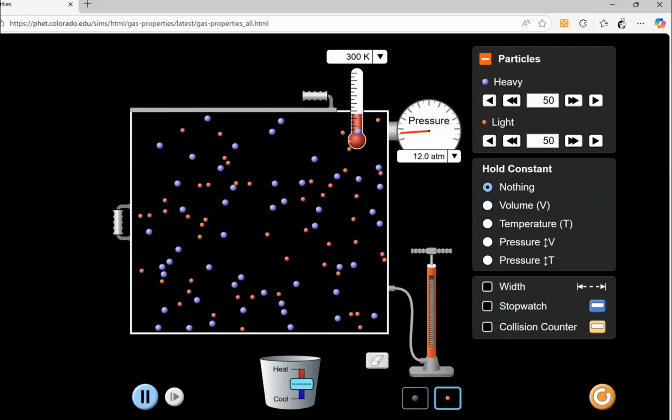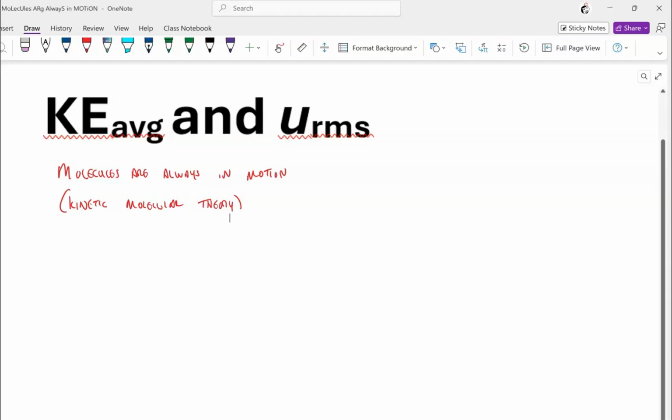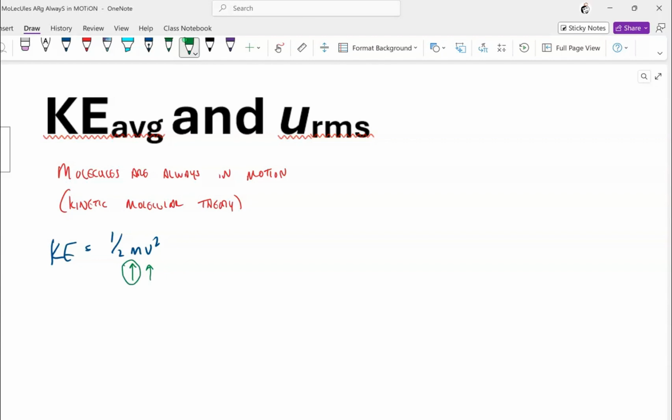If we were going to calculate their kinetic energy using the formula from physics, kinetic energy is equal to 1/2 mv squared, where m is mass and v is velocity, the bigger molecules don't have to go as fast to have the same kinetic energy as the smaller ones. So what we're going to say is that the kinetic energy of molecules is the same regardless of their mass, as long as they're at the same temperature.